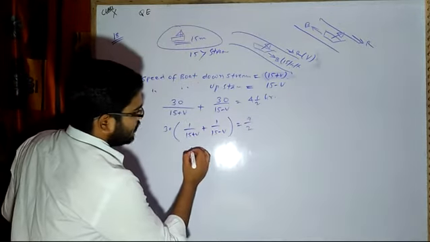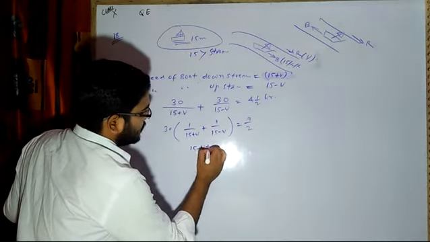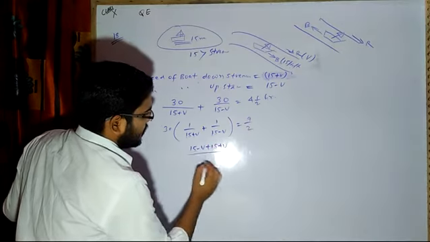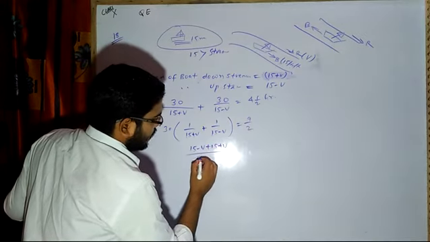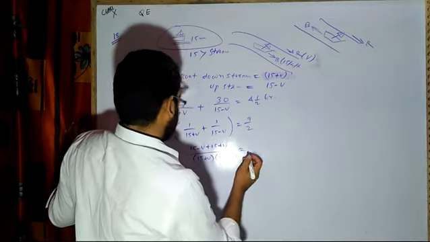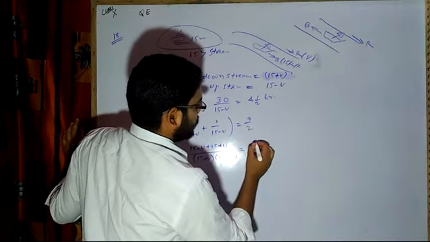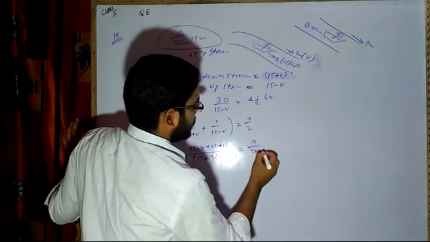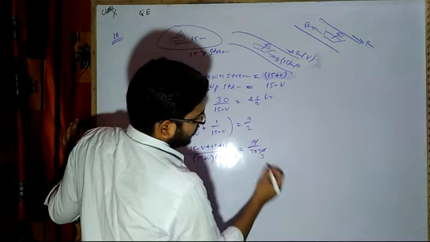Now taking the LCM, it will be 15 minus V plus 15 plus V by 15 plus V into 15 minus V, is equal to 9 by 2 into 30. 3 3s are 9, 3 10s are 30.